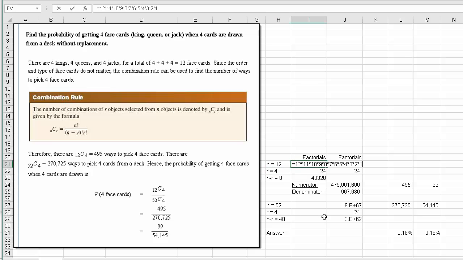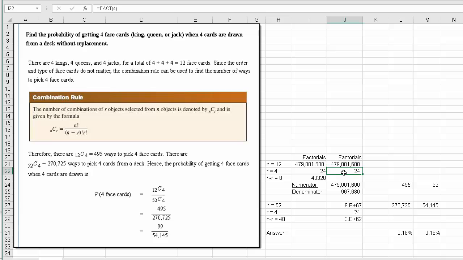Well, you can solve this slow way in Excel just by taking 12 times 11 times 10 times 9 times 8 times 7 times 6 times 5 times 4 times 3 times 2 times 1. And that will work. So n factorial comes out to be 479 million and some spare change. But Excel gives us a nice formula to do this. It's called FACT.